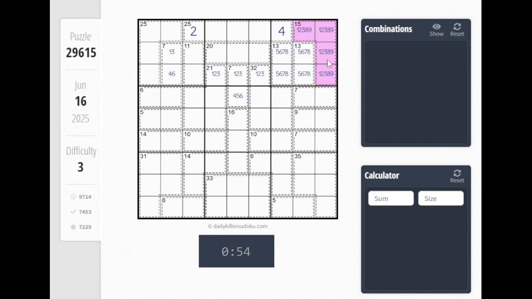And there we go. Let's see, what else do we got? That's interesting. This is an interesting one. So we should be able to figure out what these are. So this is 46.